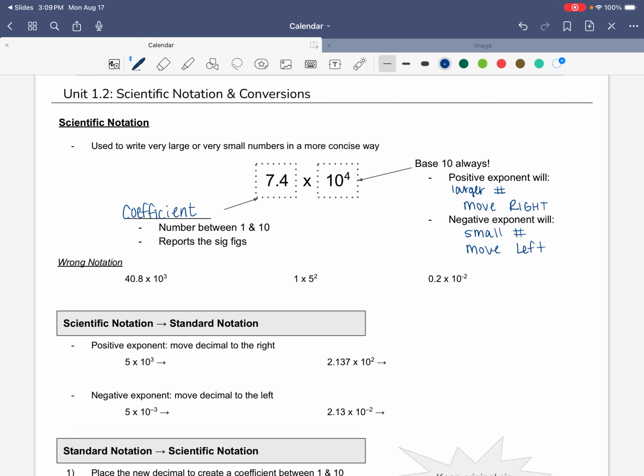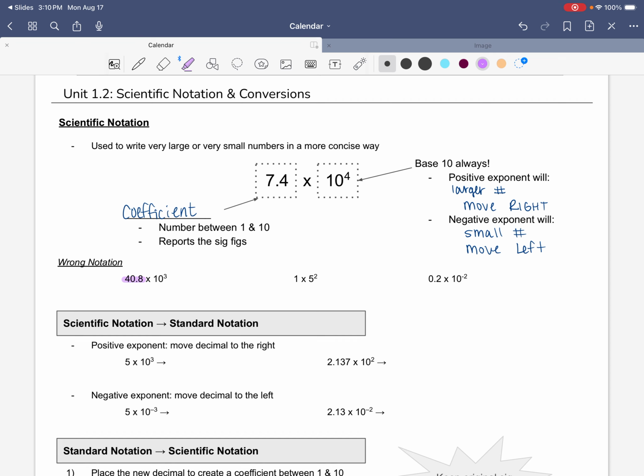When we are looking at scientific notation, sometimes the numbers are not using proper scientific notation. For these 3 separate examples, we're going to look at what is wrong and why it doesn't have proper scientific notation. For the first part, the coefficient 40.8 does not fall between 1 and 10, so that would be the problem.